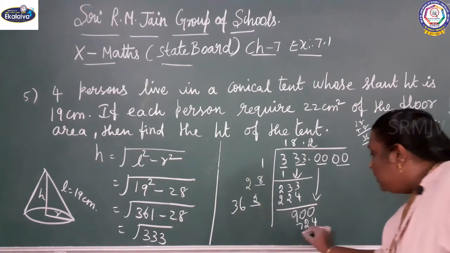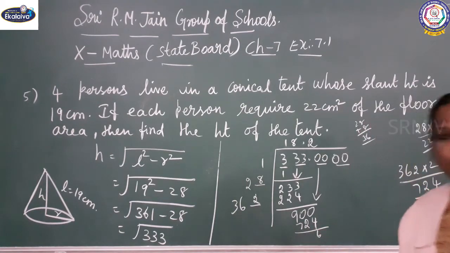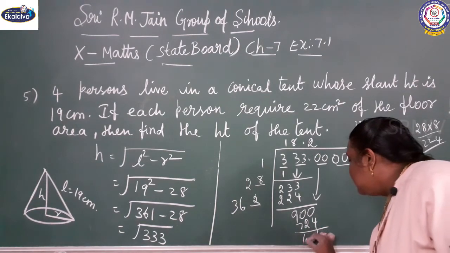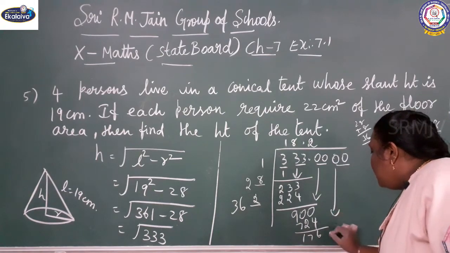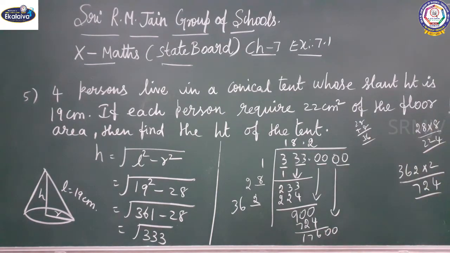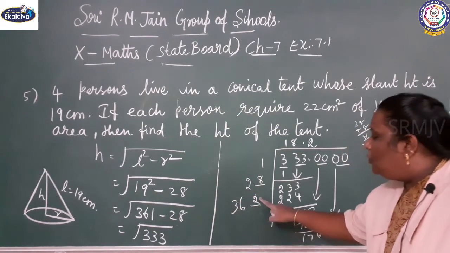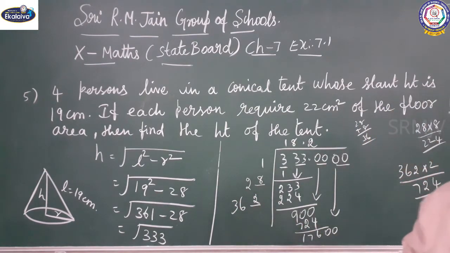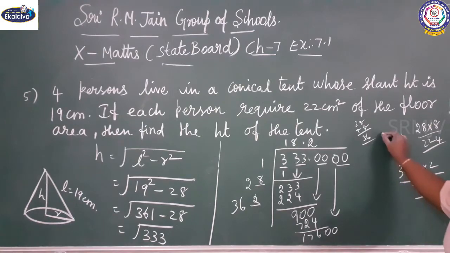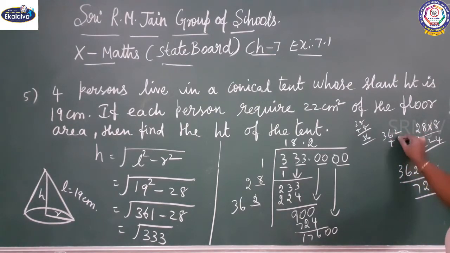When you subtract, the answer is 176. Again bring 2 zeros down. Then 362 plus 2, adding the last digit, the value is 364.